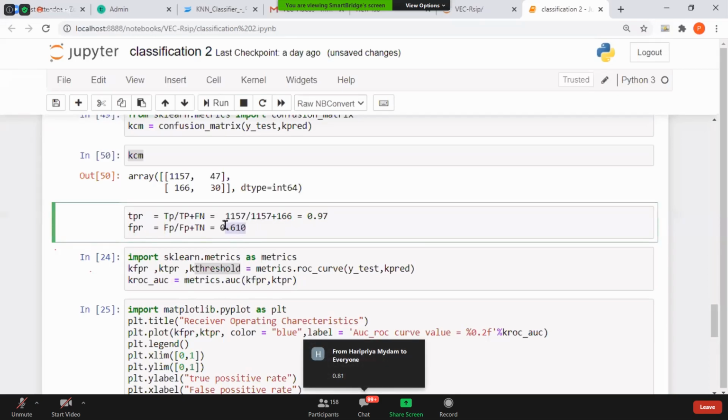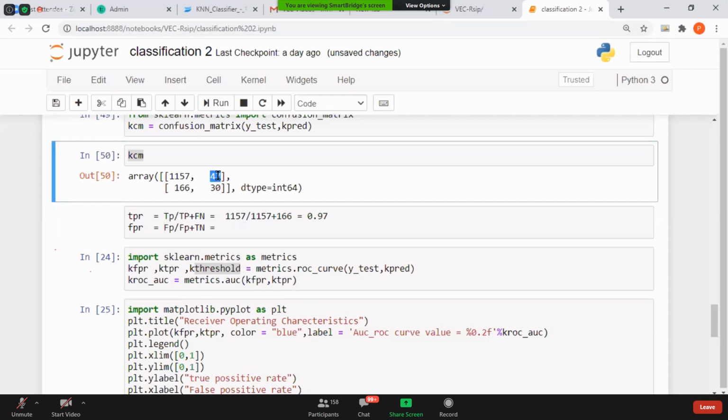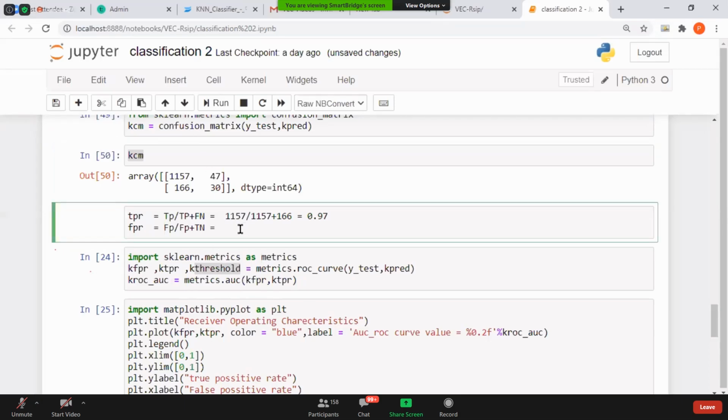Now coming to FP, false positive. The false positive is nothing but 47, right? 47 divided by 47 plus 30.